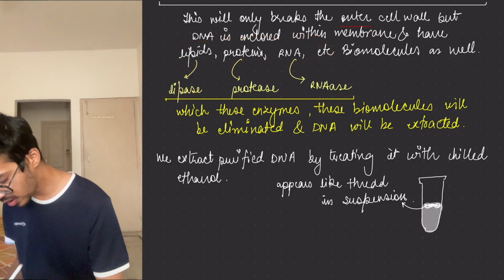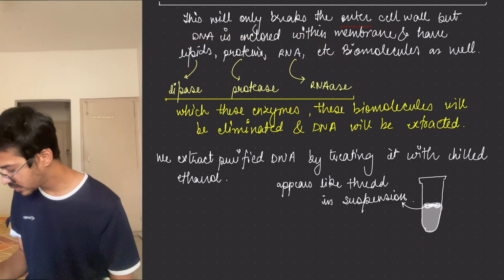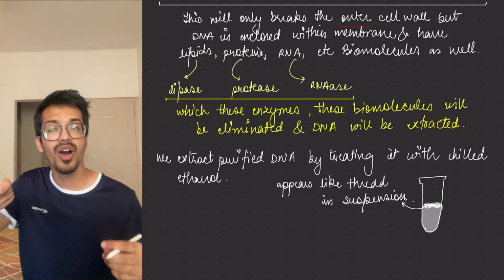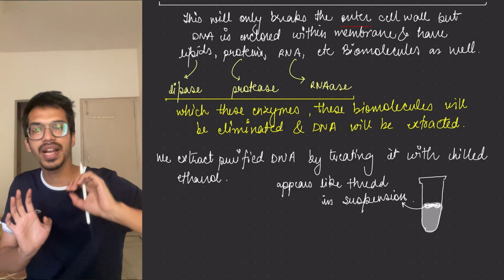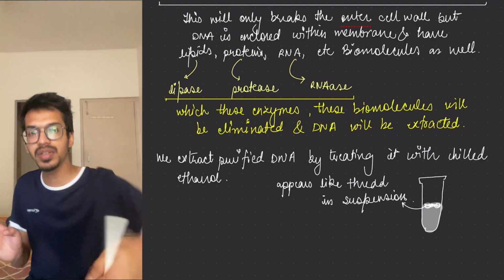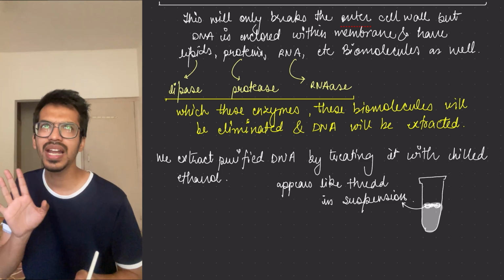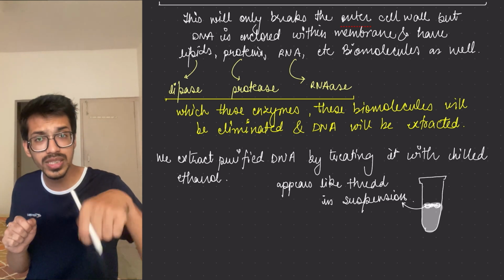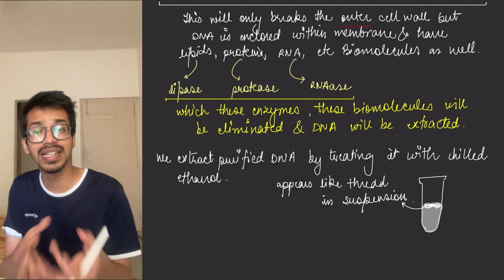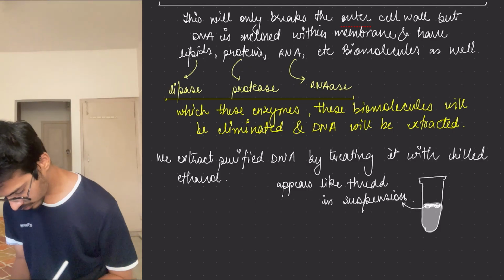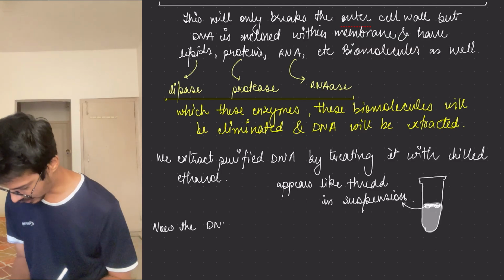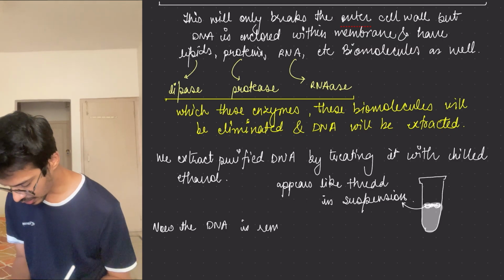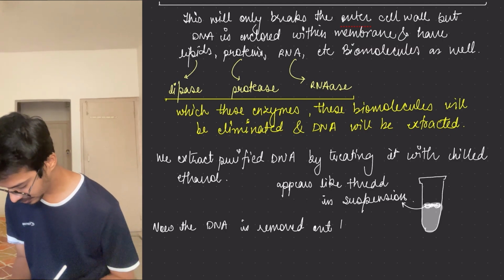Now the next thing is that DNA is taken out from it. How will it be taken out? With the help of the spooling process. Spooling uses a long spoon-like device, and we take it like this and spool the DNA out, similar to spooling noodles or falooda from a container. So this DNA is removed by the spooling method.